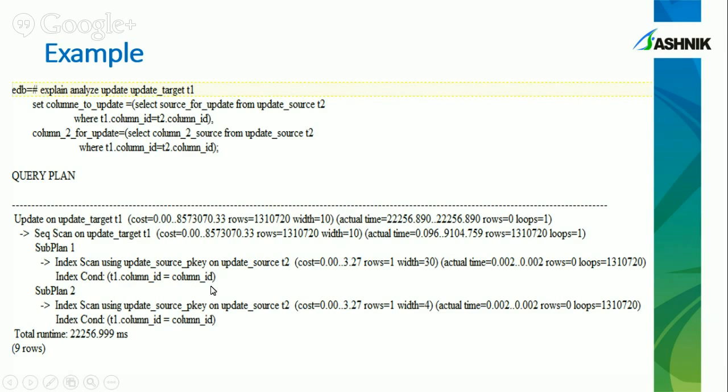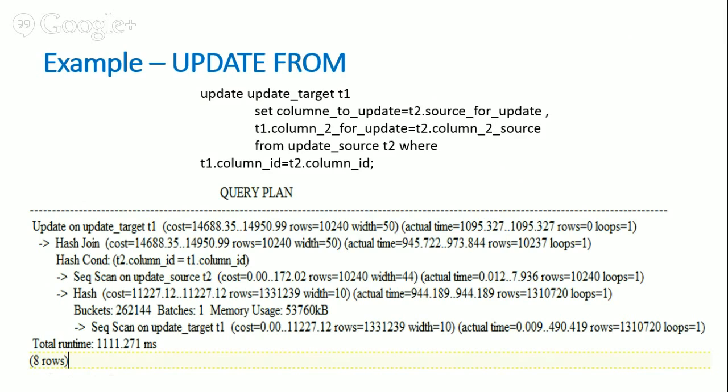Now let's look at the update from version of the same query. So you see this query looks more complicated because it is more verbose. There are more operations happening, but you see there is a hash join. Like I said, there is a join condition.